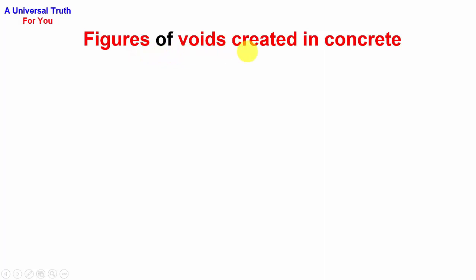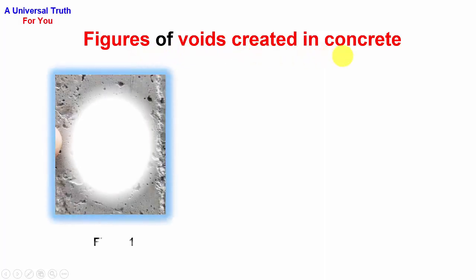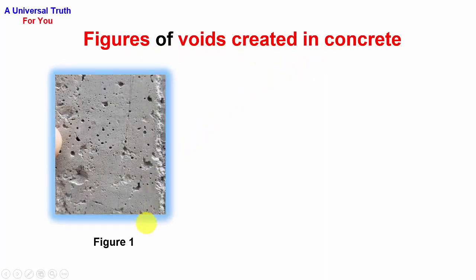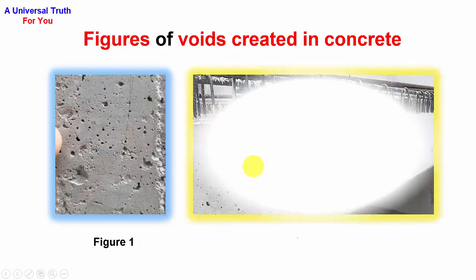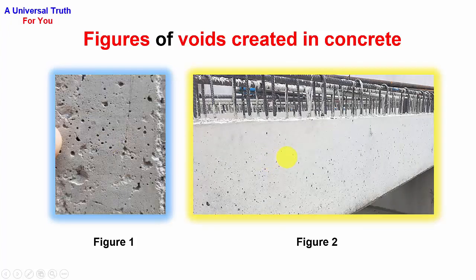Figures of voids created in concrete. So this is figure 1 and this is concrete, and you can look at the voids. This is another figure of concrete, and these are the small voids in the cement concrete structure.